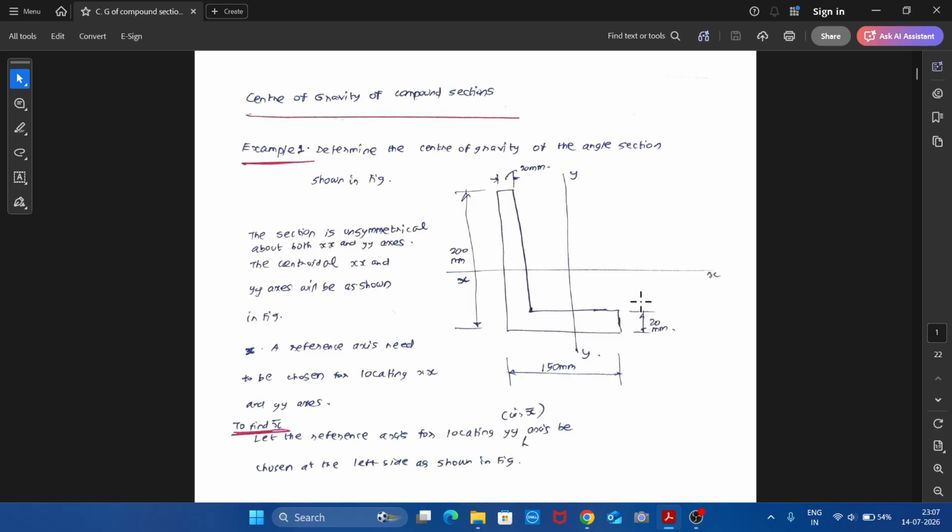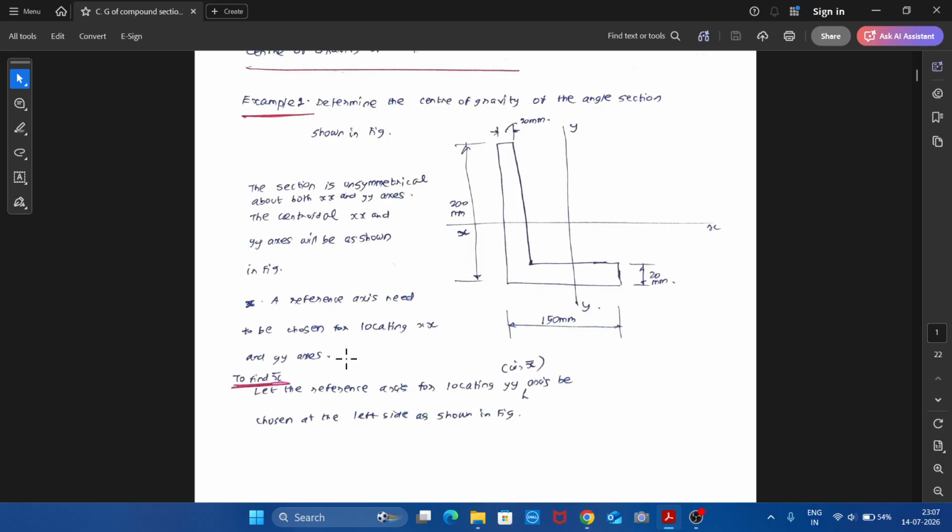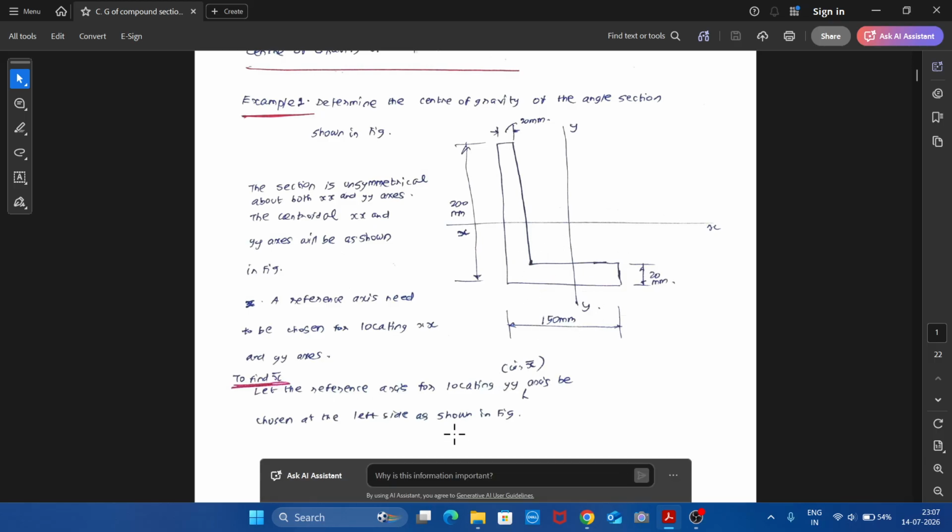So the y-axis and x-axis need to be located. Let the y-axis be located at a distance of x bar from the left, and let the x-axis be located at a distance of y bar from the bottom. To find x bar, meaning the distance of the y-axis from a reference axis, we need to choose a reference axis.